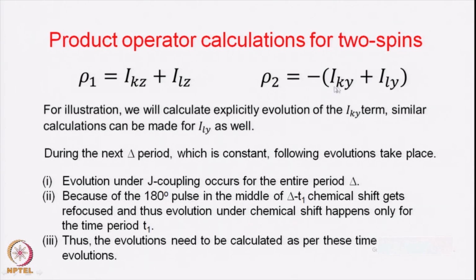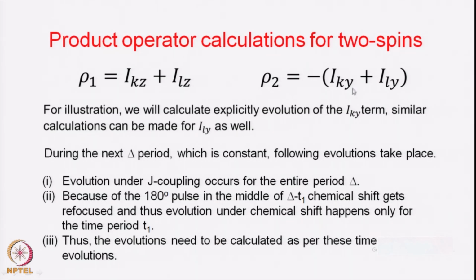Since these two are independent spins, they evolve independently during the next evolution periods, and to demonstrate the evolutions we will consider the K spin evolution, and the same thing can be applied to the L spin as well.